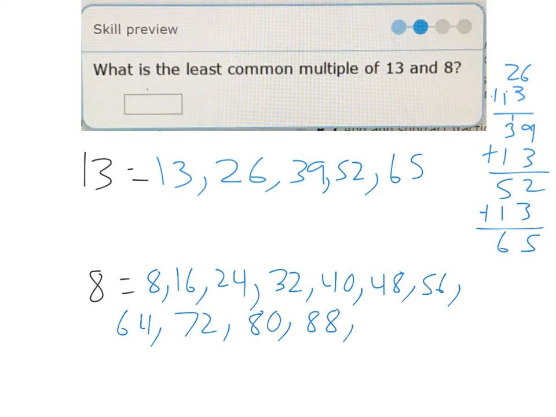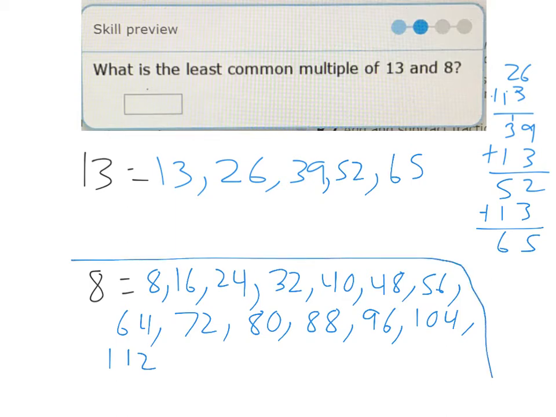This is where I start to have a little bit of a hard time. 96, 104, 112. Let's keep going with our 13s and hopefully we find somewhere where they have something in common.